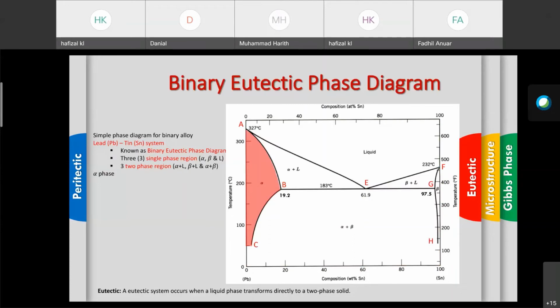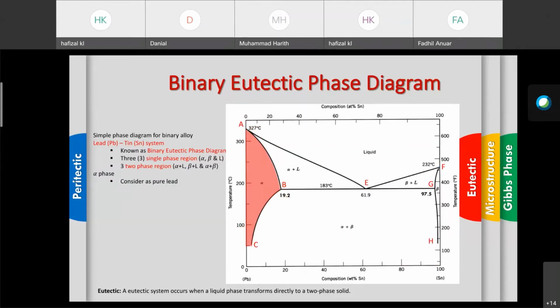Let's analyze from this phase diagram, from the lines produced, for the alpha phase. The borderline is A to B here, and also to C here. So this is the region of the alpha phase.